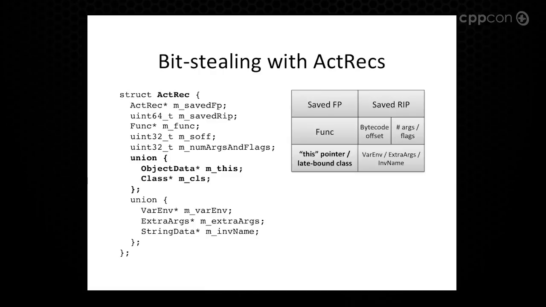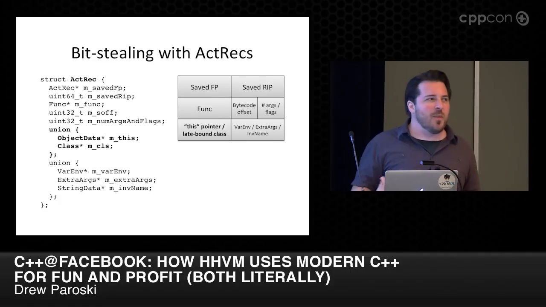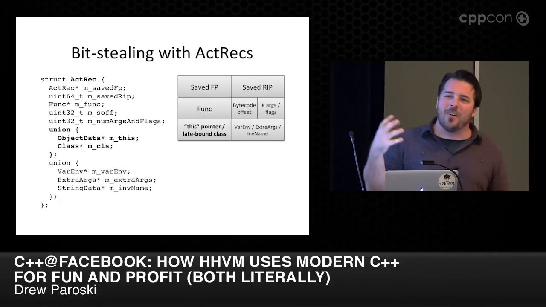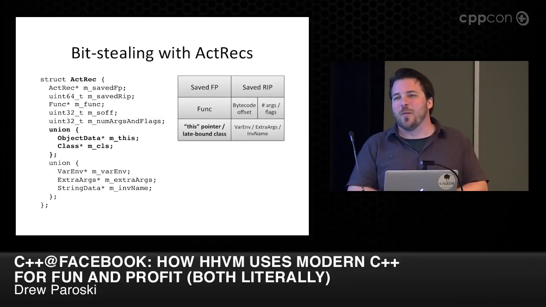So the first one I want to dig into is this, there's a this pointer or a late bound class. And it's that union of mthis and mclass. So without getting into detail, PHP has this feature called late static binding. And the gist is that even for static methods, you're kind of carrying around the equivalent of a this pointer, but it represents a class.